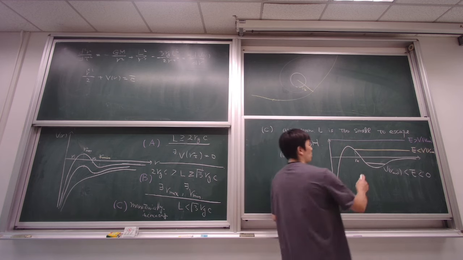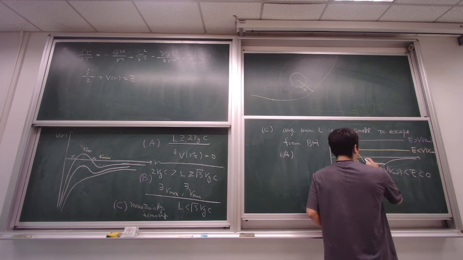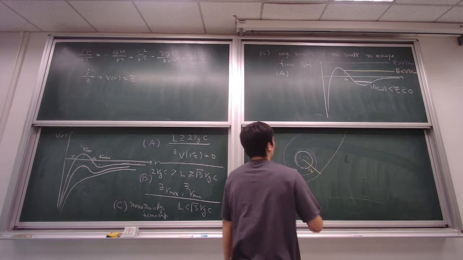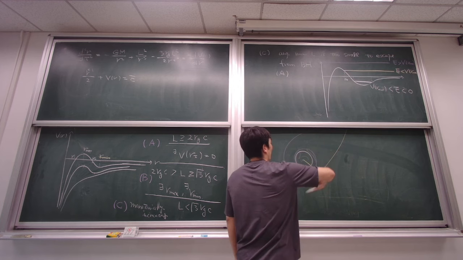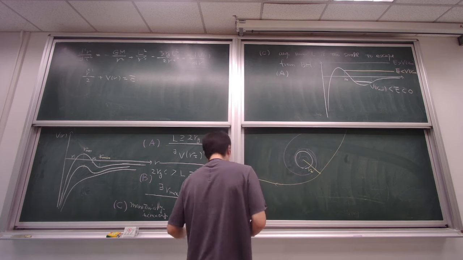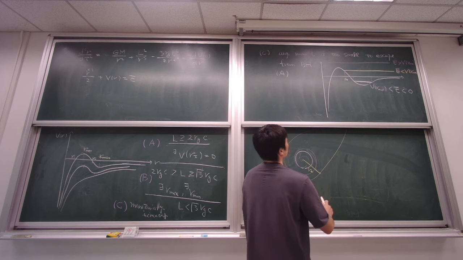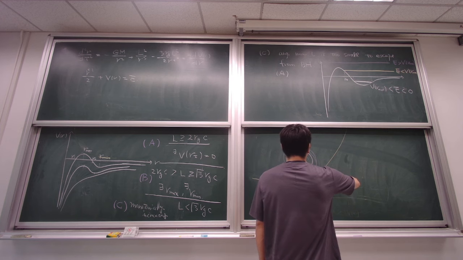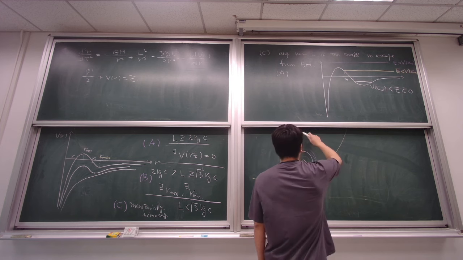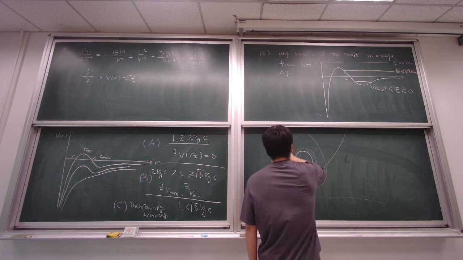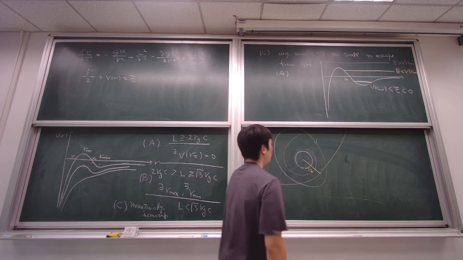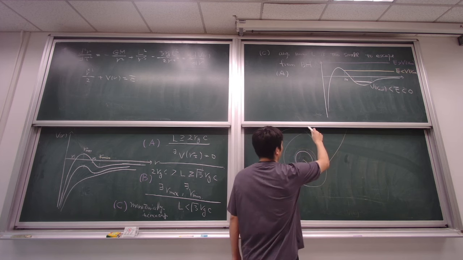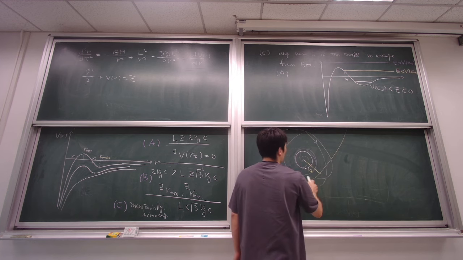Then there is some potential well, so that some kind of orbital motion will happen. There may be some kind of precession, but essentially it's hard to draw, something like an ellipsoid type, even though some precession occurs because of the gravitational effect, like this way.